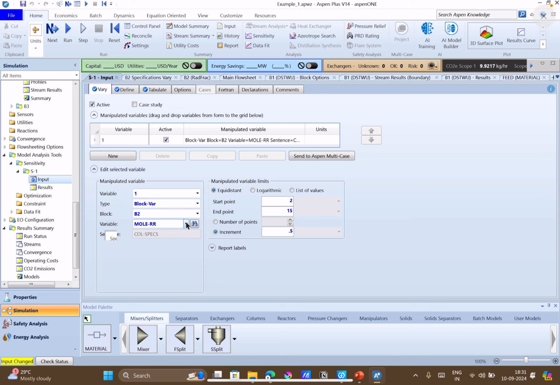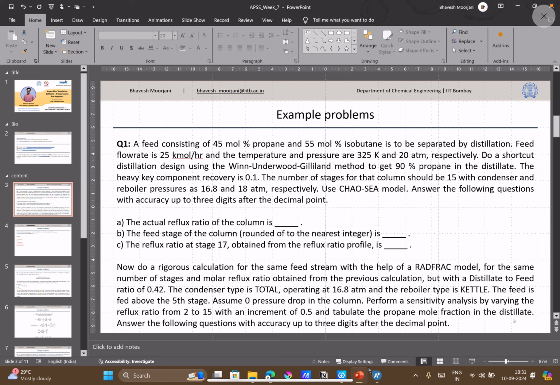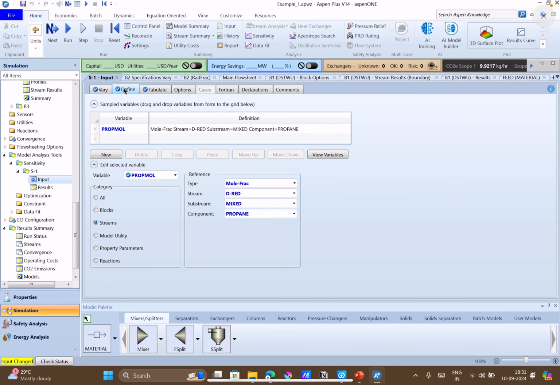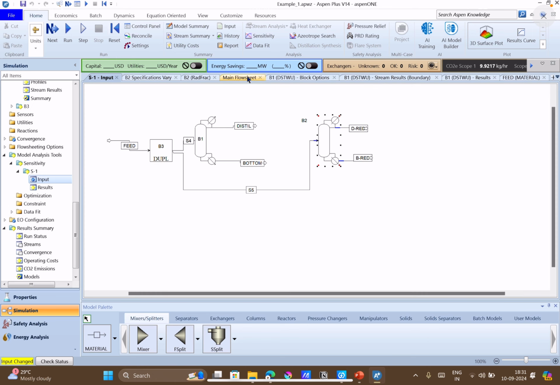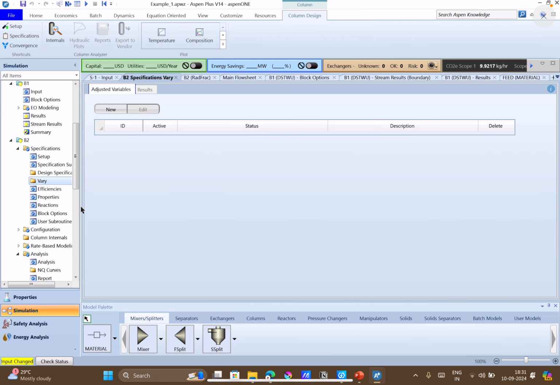This MOLE-RR is nothing but the molar reflux ratio. Start to end point is given, starting from 2 we go through till 15 with an increment of 0.5. This is our manipulated variable, and the calculated variable will be propane mole fraction. That is a stream property, the distillate coming out from the RadFrac. So here you can see this D-RED is nothing but the top product coming out from the RadFrac column.